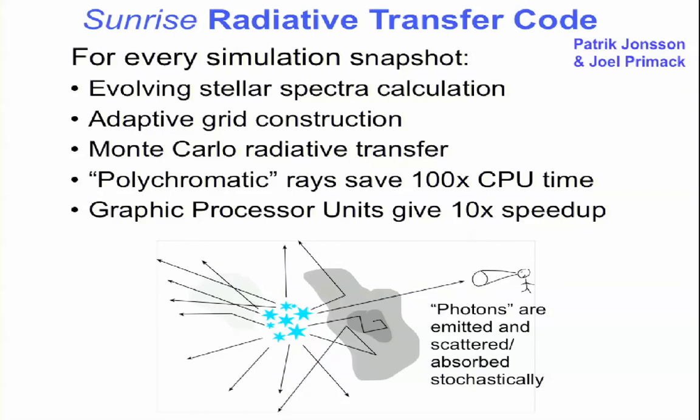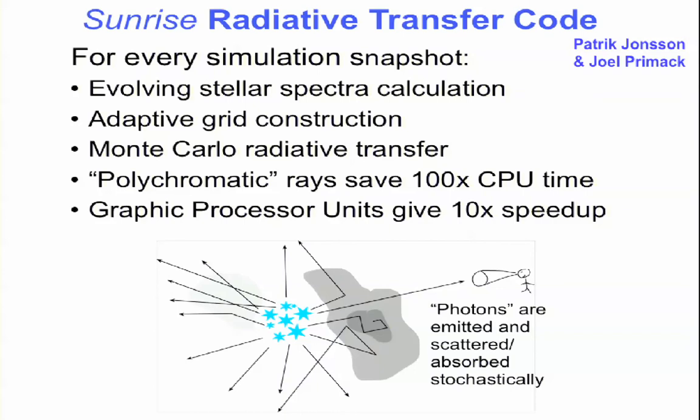In order to compare with observations, we need to turn the simulations into images, and we do that using a code that my former graduate student Patrick Janssen wrote together with me and some others, where we track all the star particles. Every star particle, we usually use Starburst 99, but you can use any code you like, Gruhl-Charlot, for example, to do the SED of each star particle at each time.